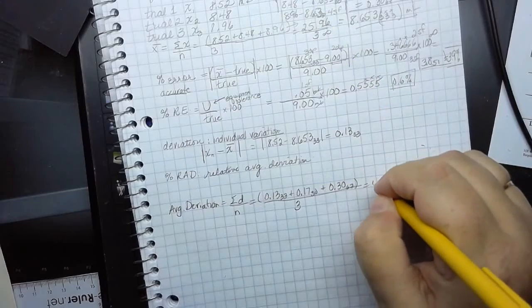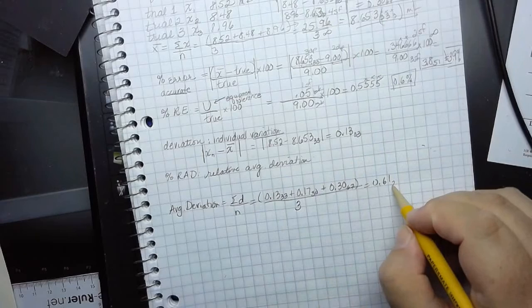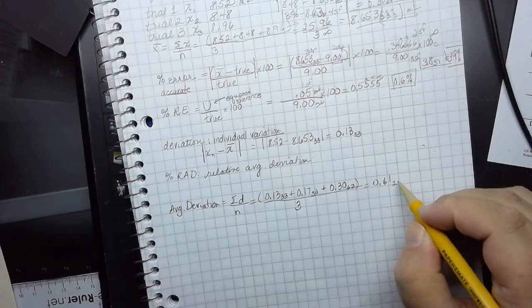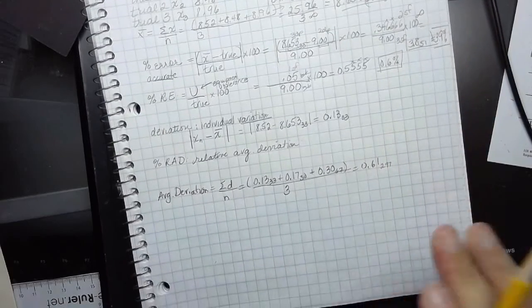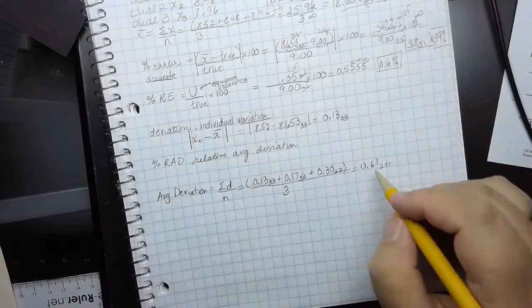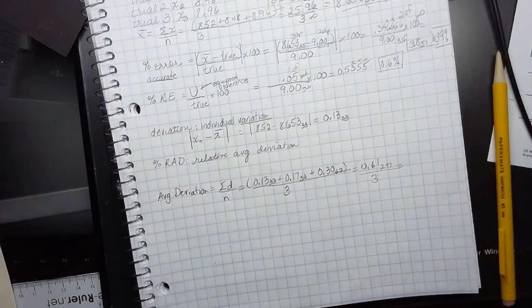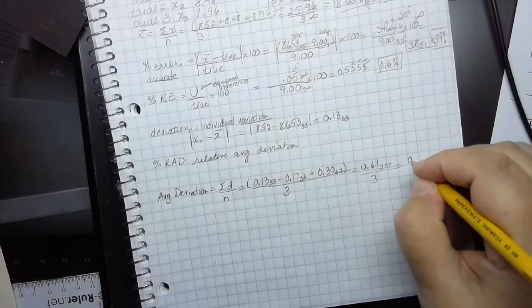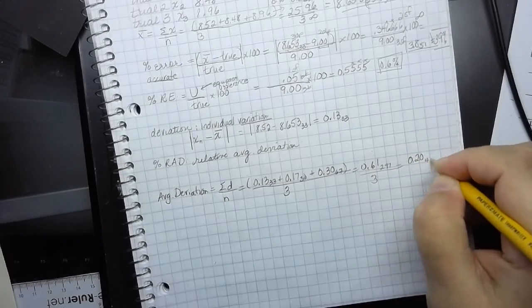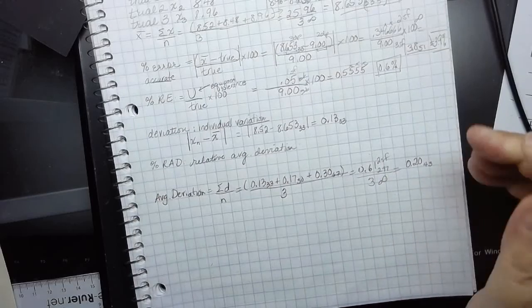And I came out with a total of 0.61. Since I only have 2 decimal places, I'm going to subscript the next 2, 297 or 30. Again, I'm carrying just a few extra. I need to still divide by 3 to find my average. I came out with 0.2043 because now I have 2 sig figs and infinite sig figs.